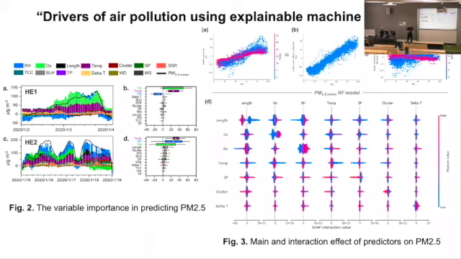On the right-hand side, we have both the main and interactive effects of all the predictors on PM 2.5. Due to the time, we can discuss more privately. This is just to show you how powerful machine learning is in helping us understand the drivers of air pollution.